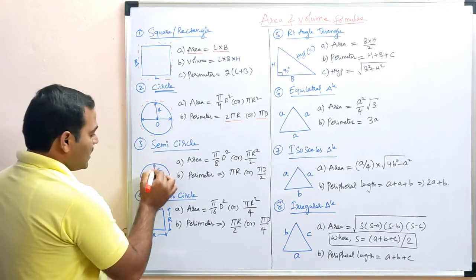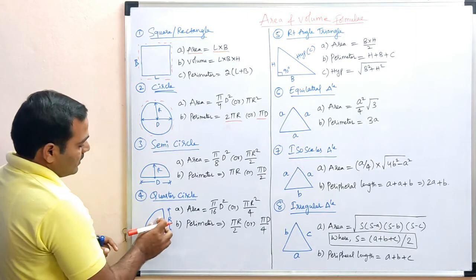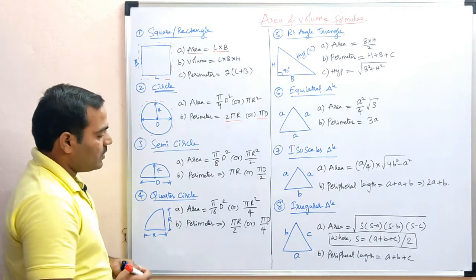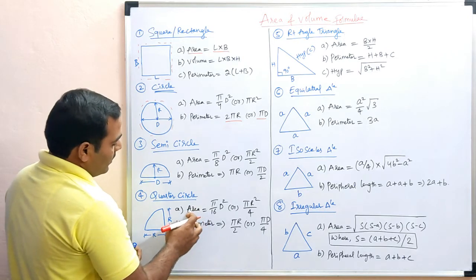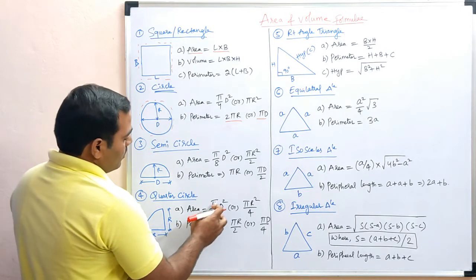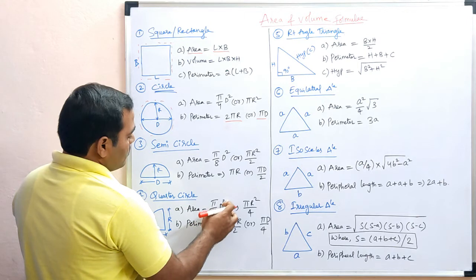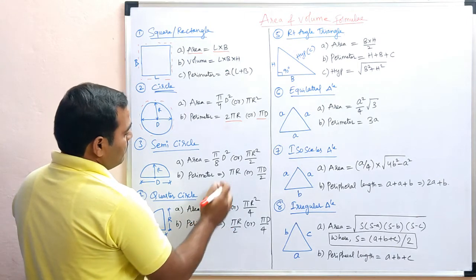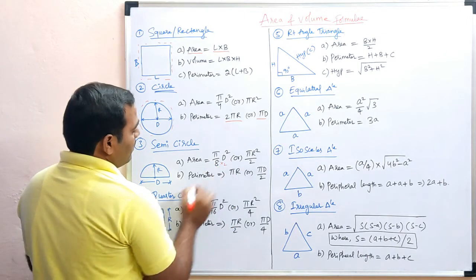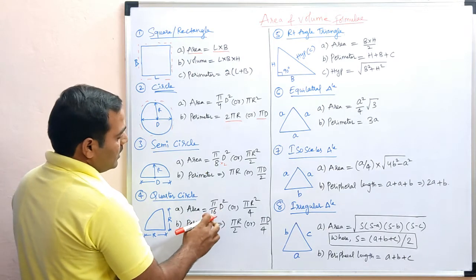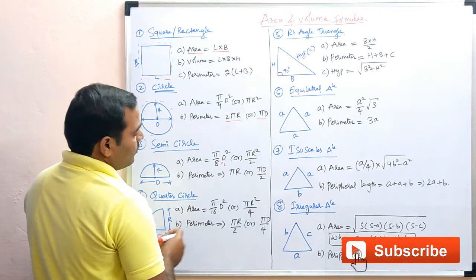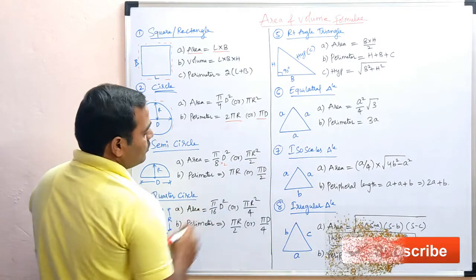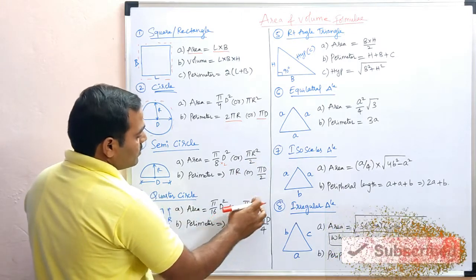Next one is quarter circle, again half of this semicircle. So this part. Again we have to divide it by 2. So area of a quarter circle is equal to pi d square divided by 16, because we have multiplied by 2 again, so 8 into 2 is 16, or pi r square by 4.